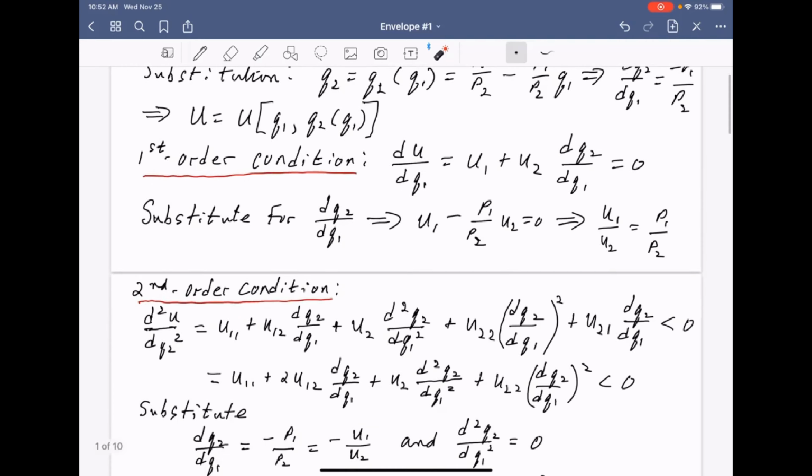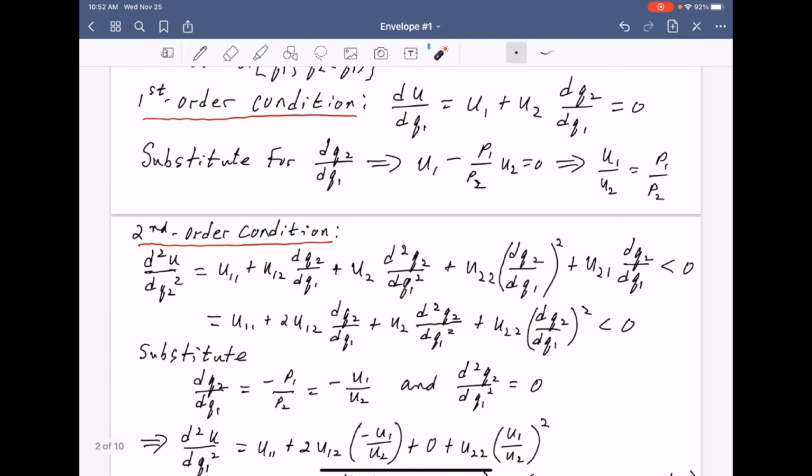Now the second order condition: we take the second derivative of the utility function with respect to Q1, and we get the first derivative of marginal utility of 1 with respect to 1.